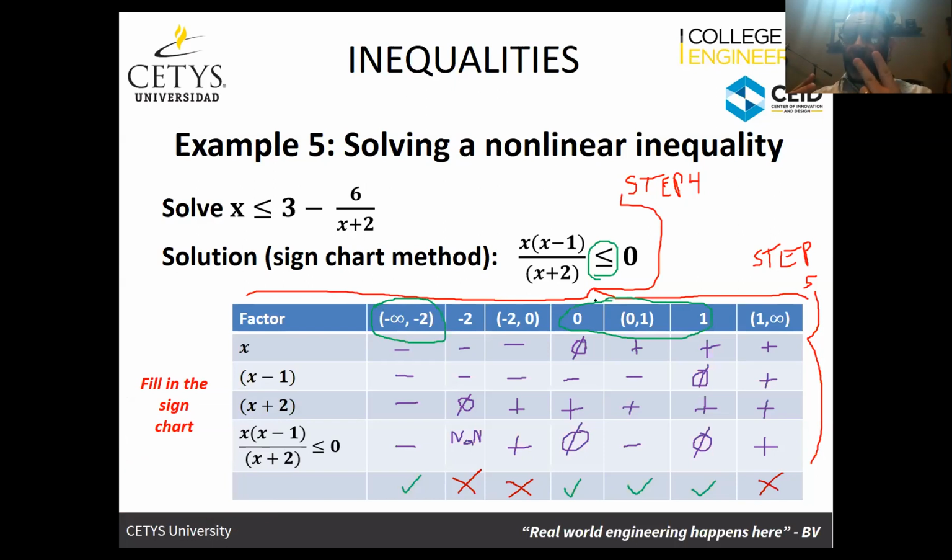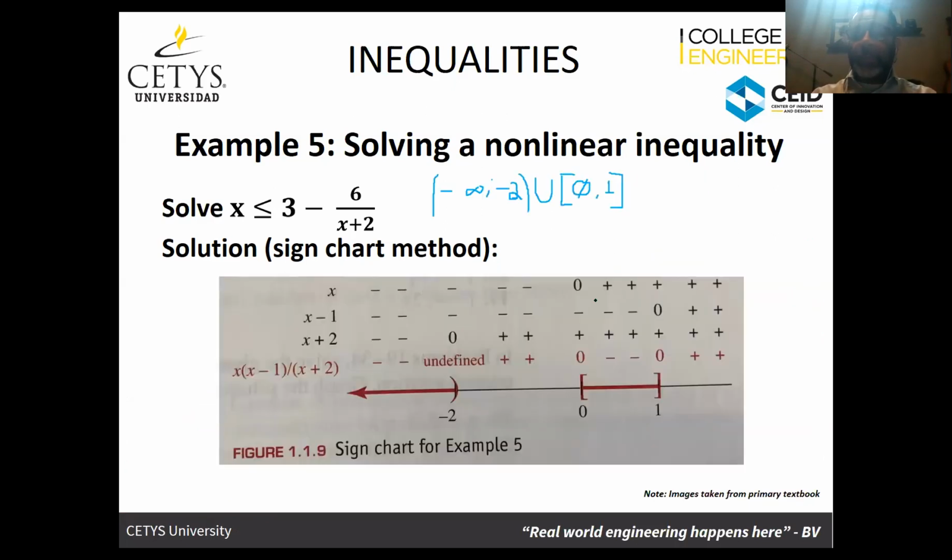So there's two intervals. The solution includes all numbers that are in those intervals. The way we express it, and this is why there's a union here, is that the solution is any numbers that are here, but also are here. So the union means you're joining both of the intervals or the solutions. If we had 3 or 4 intervals, we would keep joining them by U's.